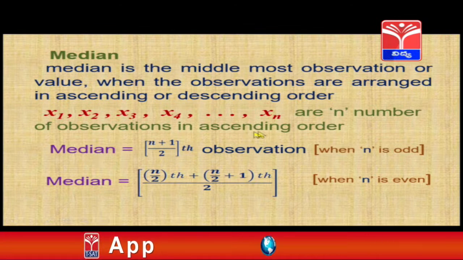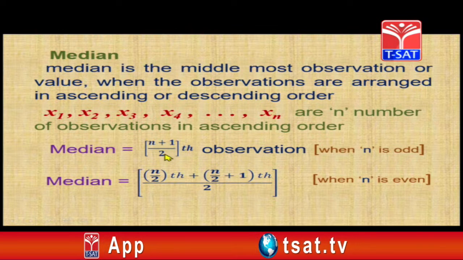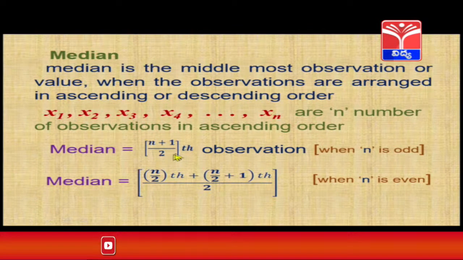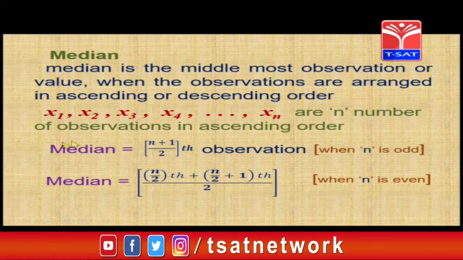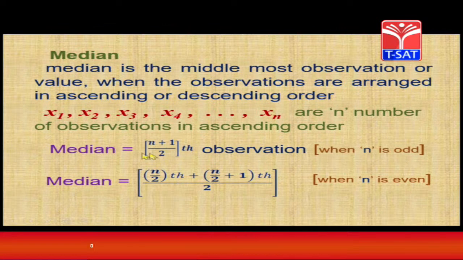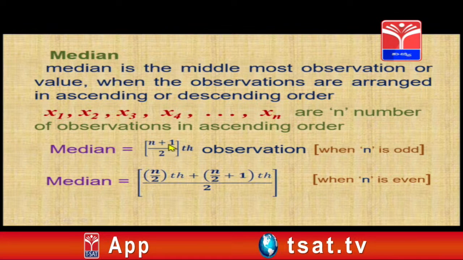So, when n is odd, the (n plus 1) by 2th observation is known as the median of that particular data, isn't it? Please see, when n is odd, the median is equal to the (n plus 1) by 2th observation, because you have to add 1 to n.